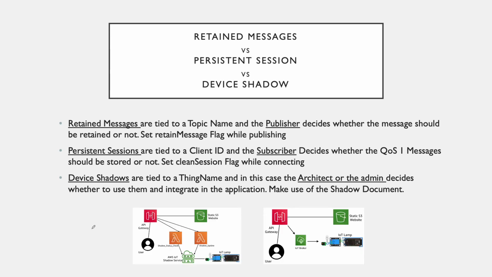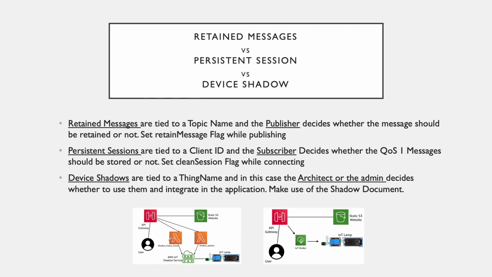We can take an example by comparing retain messages and device shadow using this architecture sample. So this is two architectures. The first one uses device shadows and the next one uses retain messages. In the first one, let's say we have a website that controls this IoT lamp. Here, the website would send a message to API gateway.